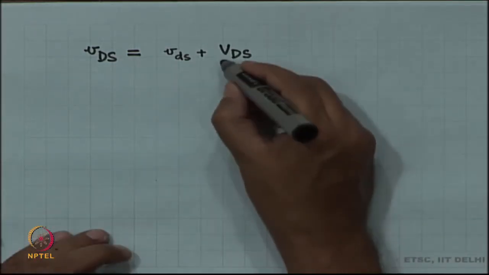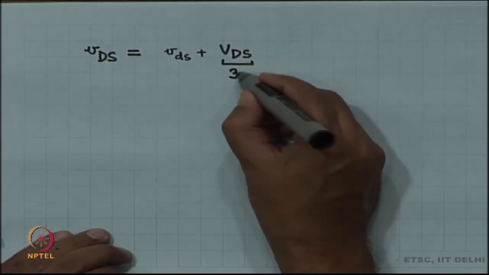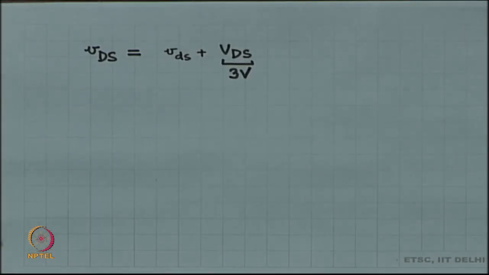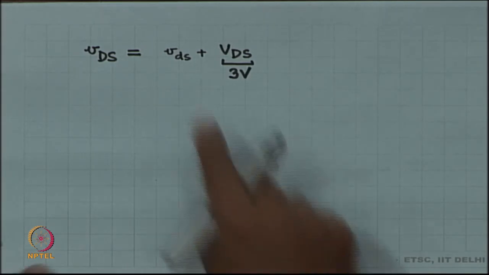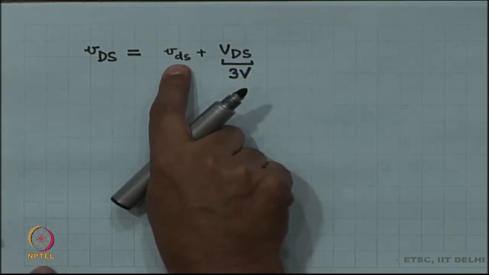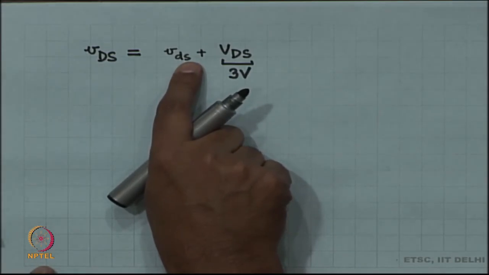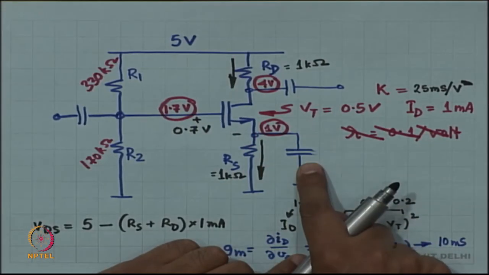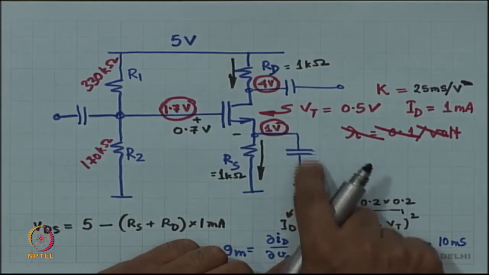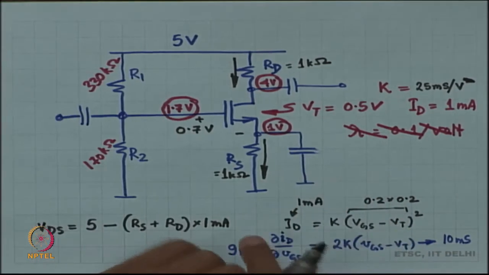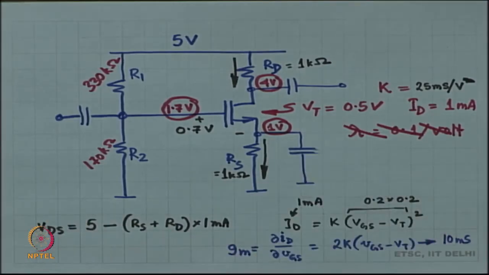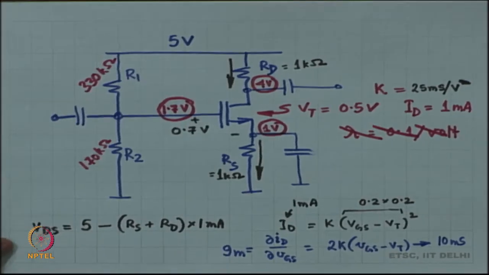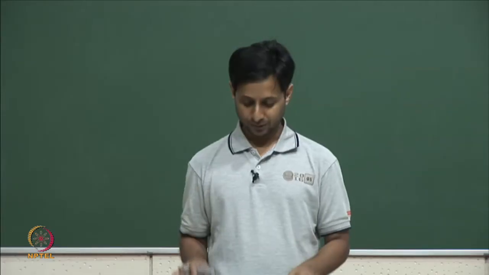And capital VDS I know is 4 volts minus 1 volt, capital VDS is 3 volts. Okay. So, when I am changing incrementally, when VDS is changing, by the way, what is small Vs? Small Vs is 0, because this capacitor takes all the incremental current. Okay, this capacitor is a short circuit for incremental current. So, small Vs is equal to 0.